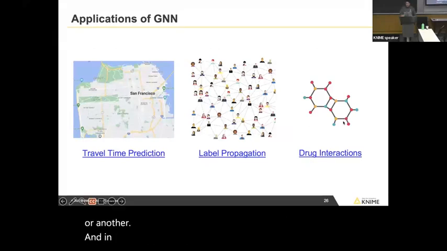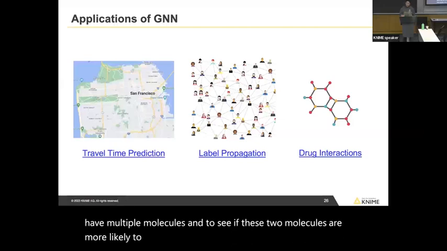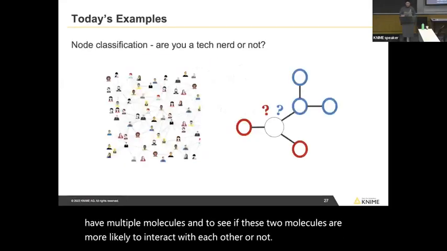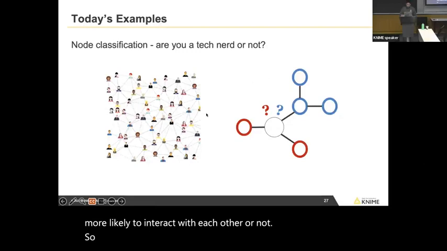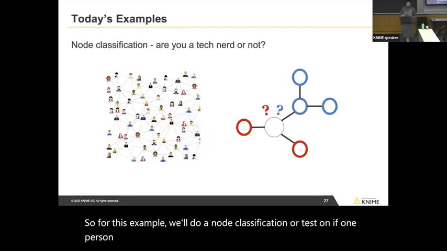And here, we have graph analysis, basically. We can have multiple molecules and see if these 2 molecules are more likely to interact with each other or not. So for today's example, we'll do a node classification. We'll test whether one person belongs to a tech nerd or not.